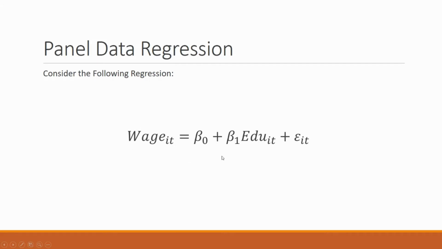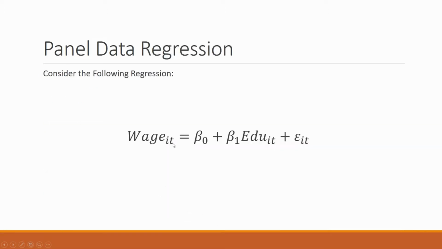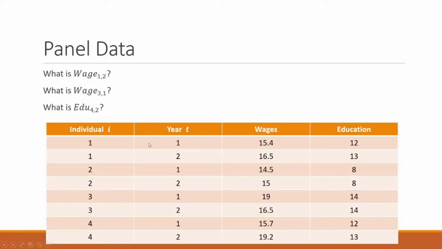So I want to just think about this, and then I want to look at a data set, and we'll just make sure that we understand it. So when I have subscript i and subscript t, this indicates that wages are varying across individuals and across time.